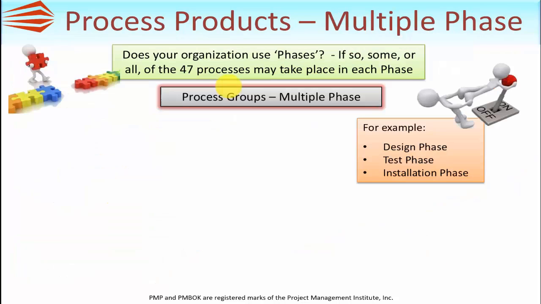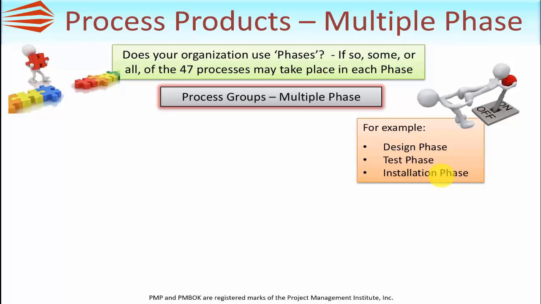So here I want to show you an example of a project with multiple phases. I'll just show 2 here as an example, but it could be 3 phases, 4, and so forth. I've used the word phases, I could use the word stages, and a few textual examples here. You might have such a thing as a design phase within your project, or a test phase, or an installation phase, or a customer acceptance phase, whatever.